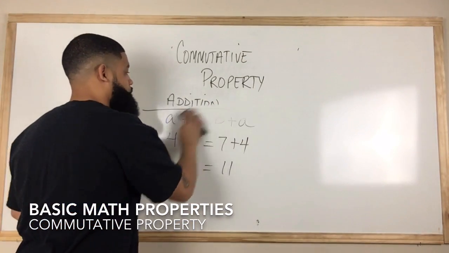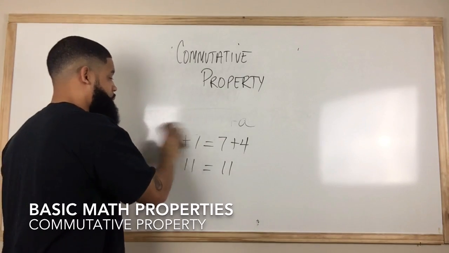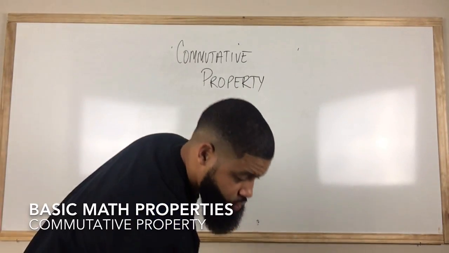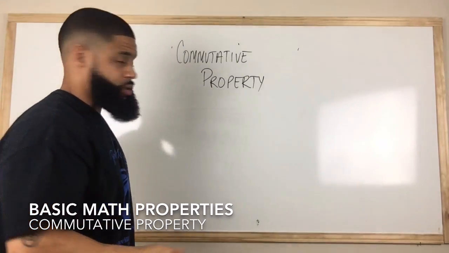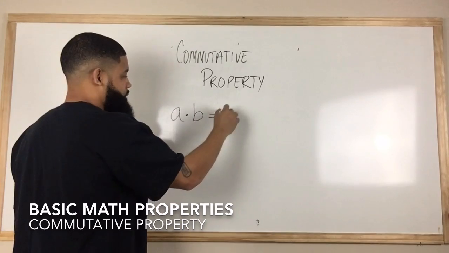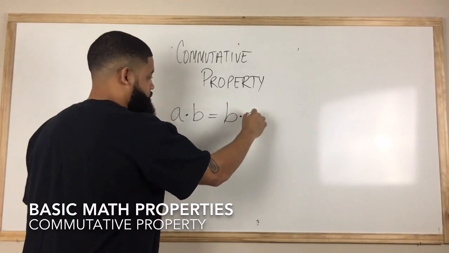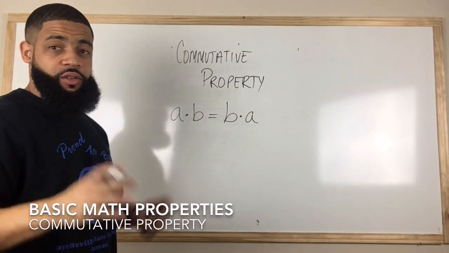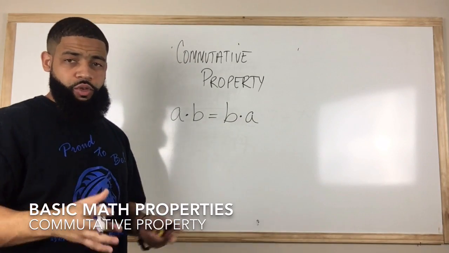Now, we can also use the commutative property with multiplication. If I have some number A times B, it's equal to the same product as B times A. There are several different ways that we can write multiplication.